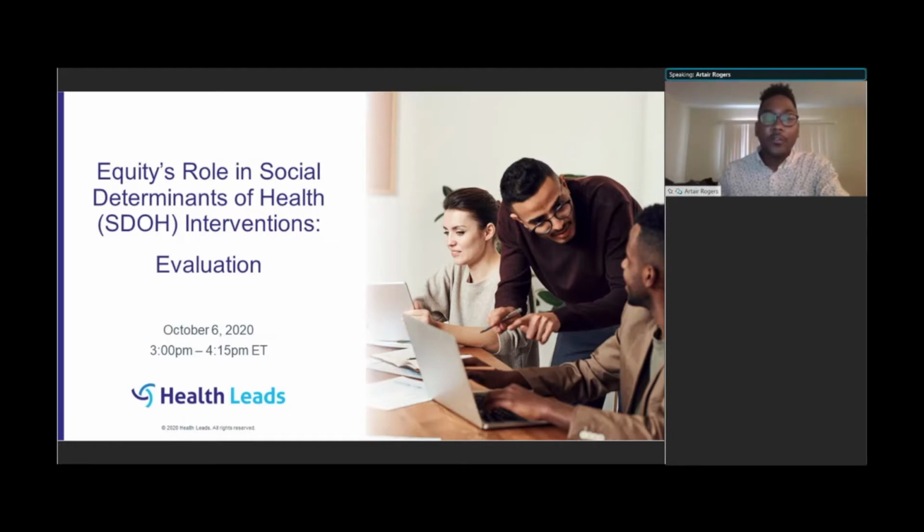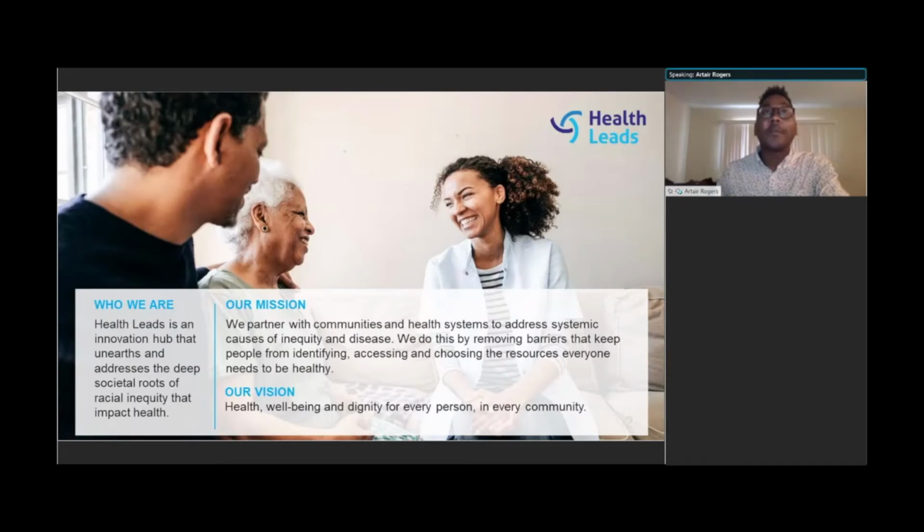Now, for those who may be unfamiliar, Health Leads is an innovation hub that runs both national and local initiatives that address the deep societal roots of racial inequity that impact our health. During COVID-19, we've seen Black and Brown communities disproportionately impacted as a result of structural racism and white supremacy.